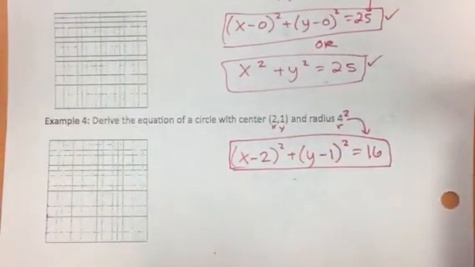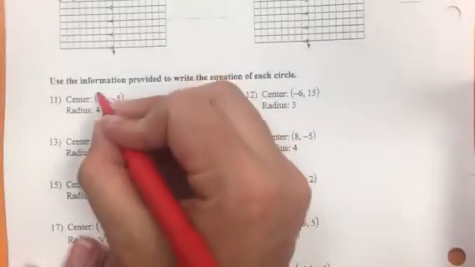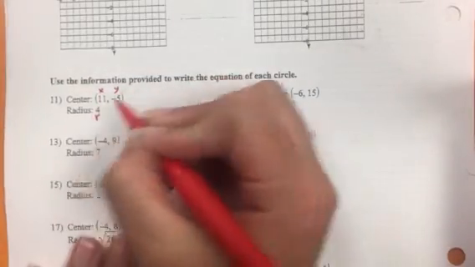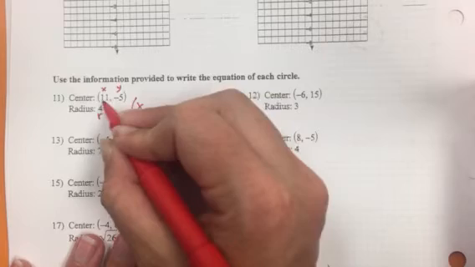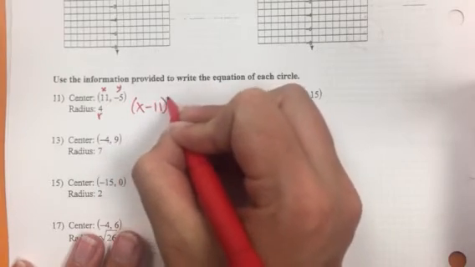Alright, on your assignment, I will do a few, just so you're not panicking. x, y, r. x, opposite of 11 is negative 11.